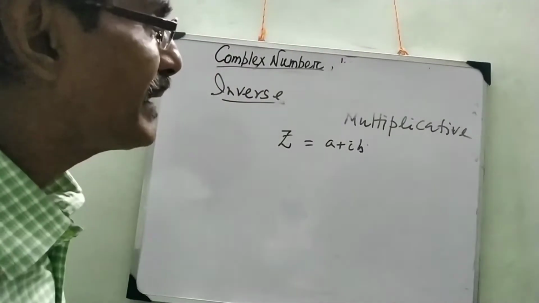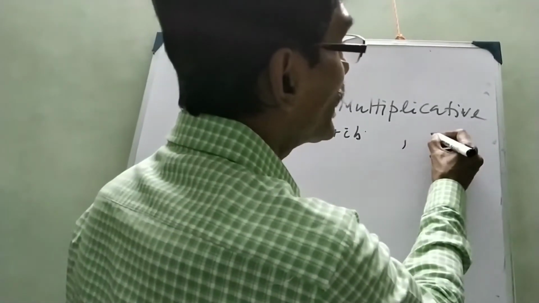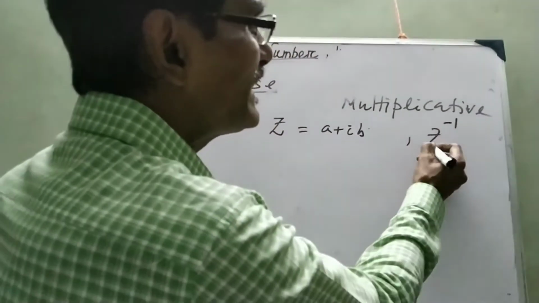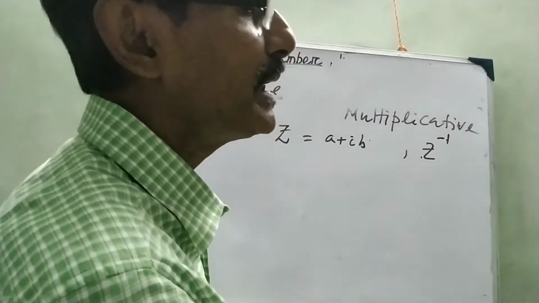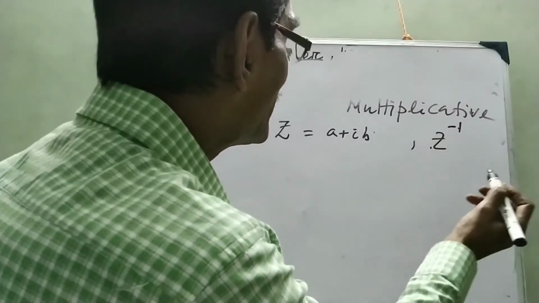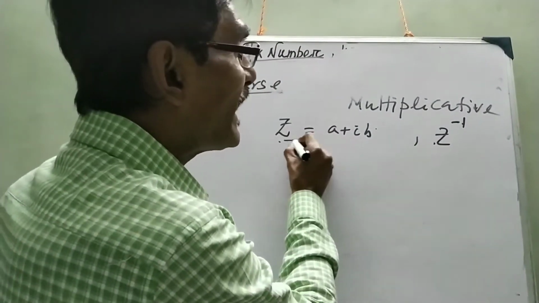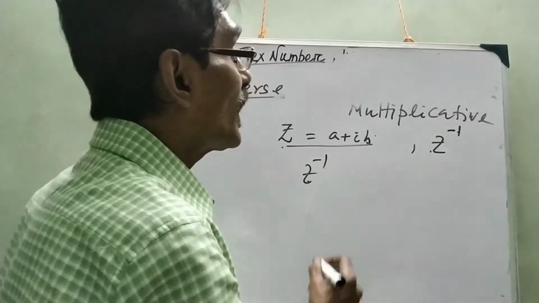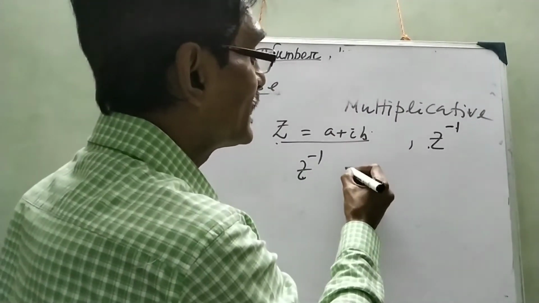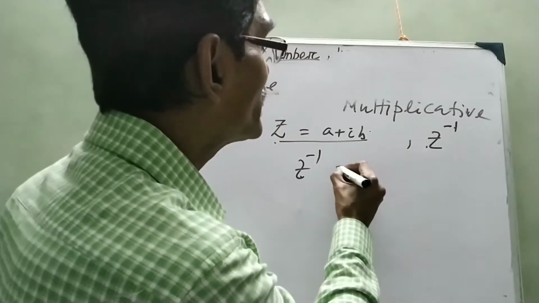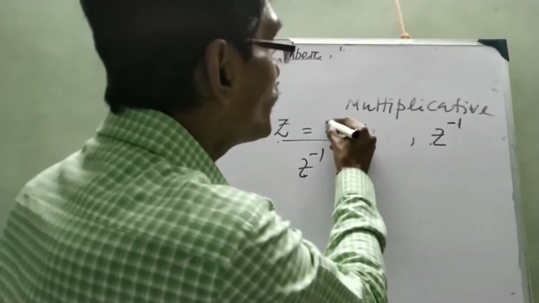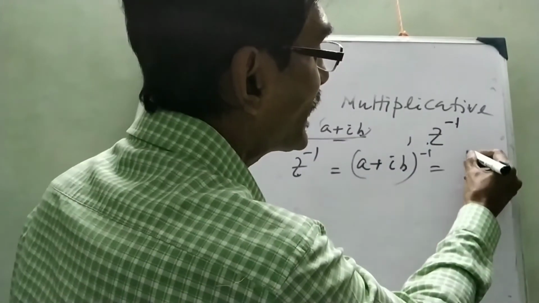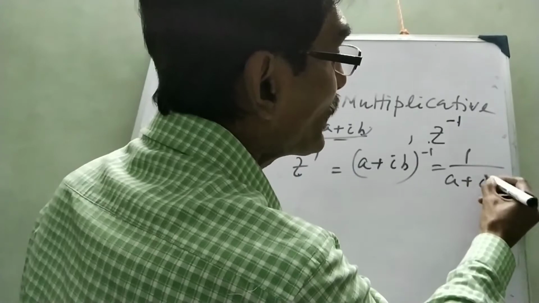The multiplicative inverse of Z is denoted by the symbol Z to the power minus 1, and Z to the power minus 1 algebraically means 1 by Z. So simply, if Z is this one, you will get Z to the power minus 1 or inverse of Z. That means you are getting 1 by A plus iB.